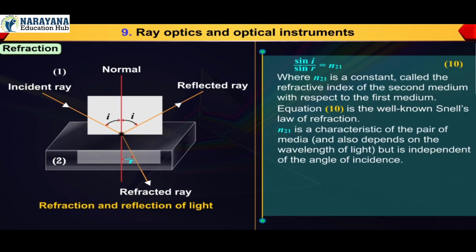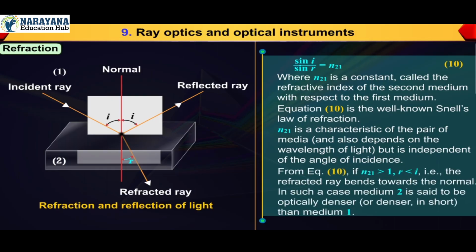n21 is a characteristic of the pair of media and also depends on the wavelength of light, but is independent of the angle of incidence. From equation 10, if n21 is greater than 1, r is less than i, that is, the refracted ray bends towards the normal.